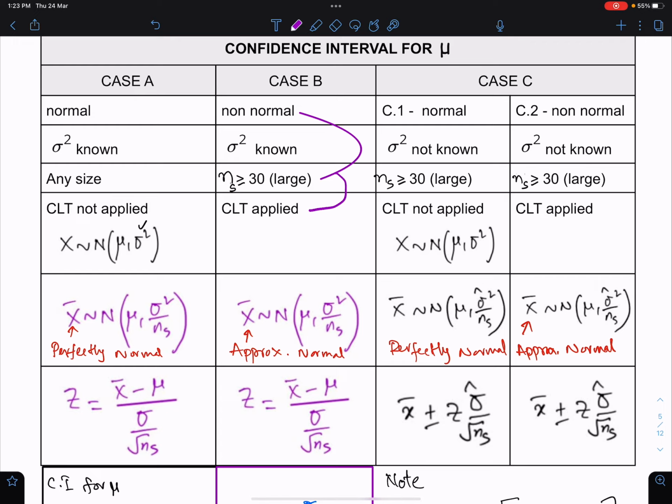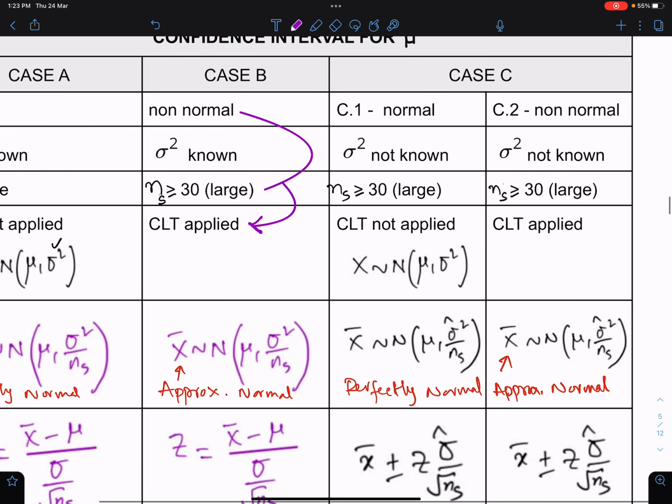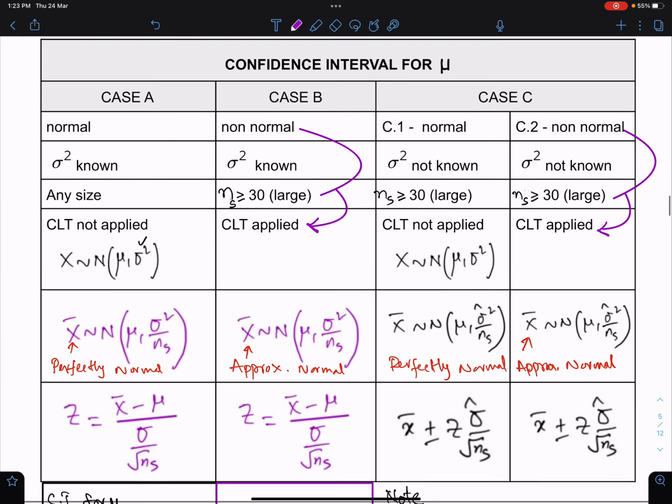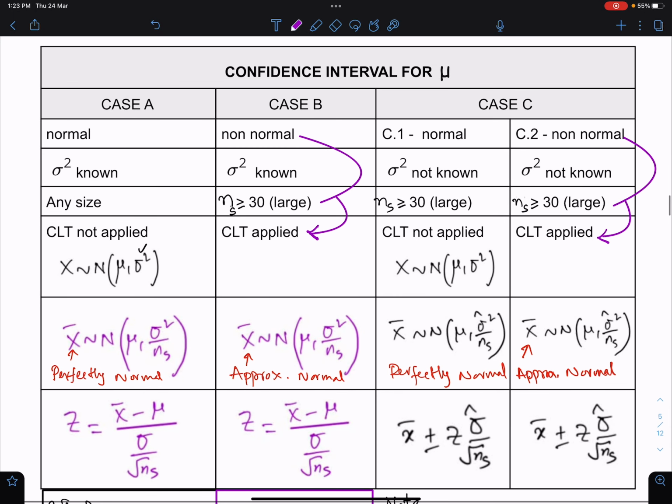And here, because of non-normal population, sigma unknown and sample size is large, again CLT is applied. So CLT is always applied when population is non-normal and sample size is large.